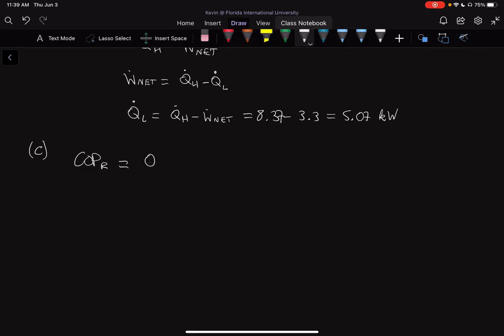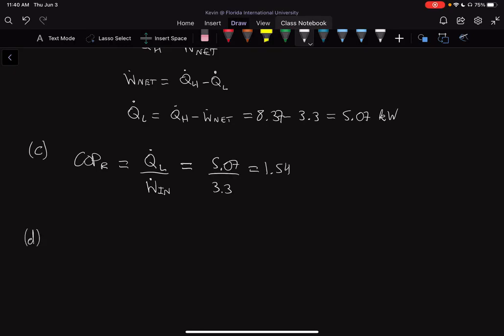But here we actually use the simplest equation, which is just Q dot L over work dot in. We have both of them. Work dot in is just work net. So we get that this is 5.07 over 3.3, which is equal to 1.54.